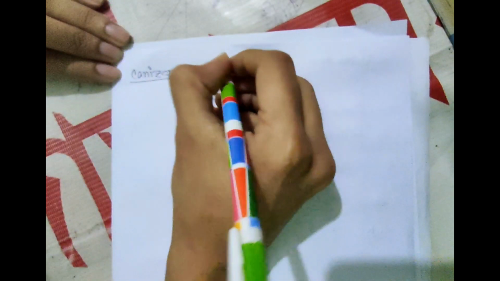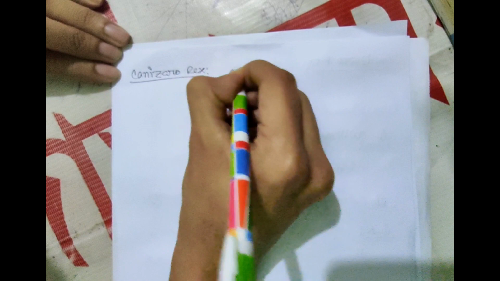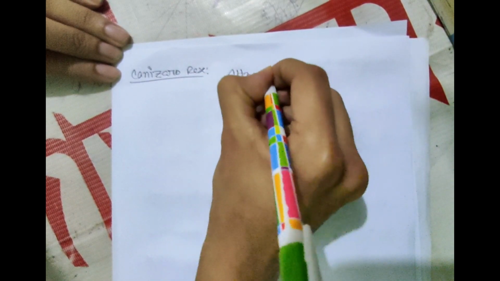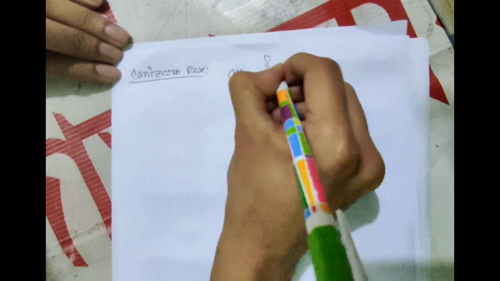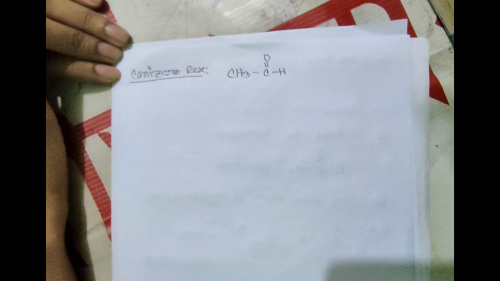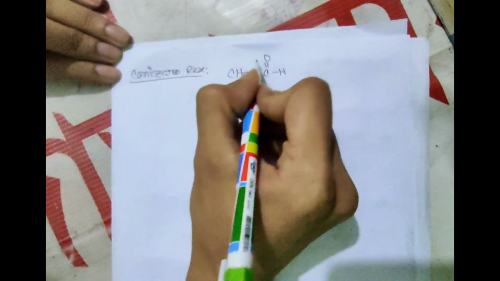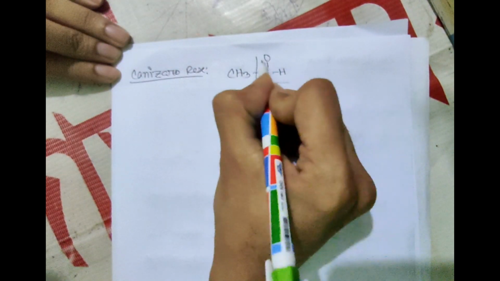Let's start. First we will learn about alpha hydrogen. What is alpha hydrogen? Let's take an example to understand this. This is a carbonyl compound. It's our functional group.